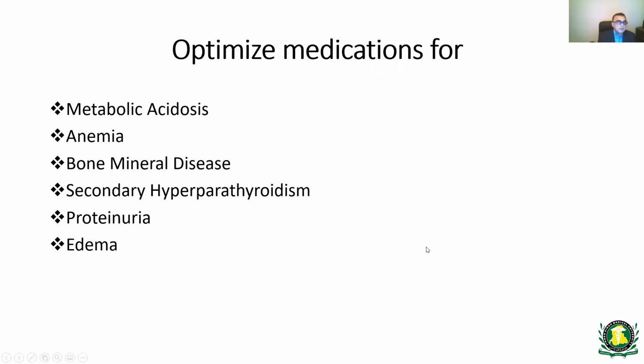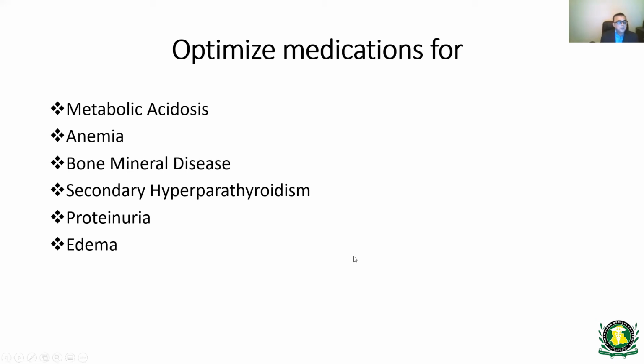Some of the medications that we can give during late stage of the chronic kidney disease based on what's going on with the patient, like if there is a persistent metabolic acidosis, considering sodium bicarbonate tablets. If patient has anemia, checking iron level and making sure we rule out other causes of anemia, and then starting patient on erythropoietin stimulating agents.